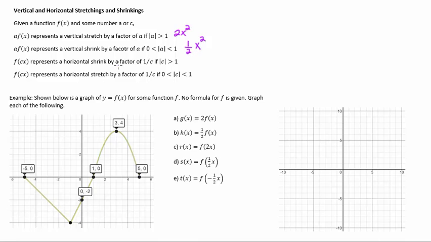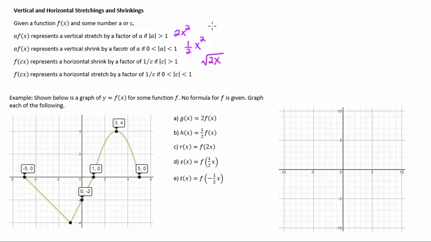Now, when the number's inside the function, let's switch to square roots for funsies. If I have the square root of 2x, that 2 on the inside is actually going to bring all my x values in closer. That's what that 2 does.